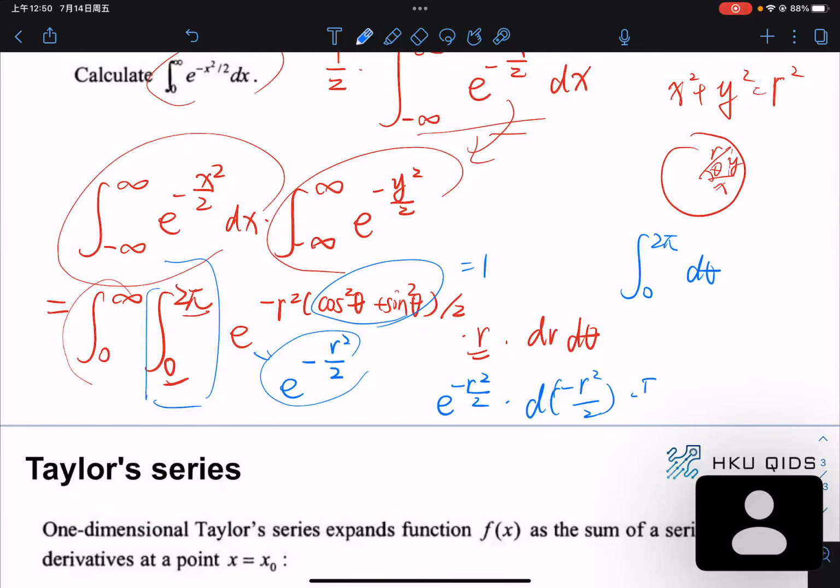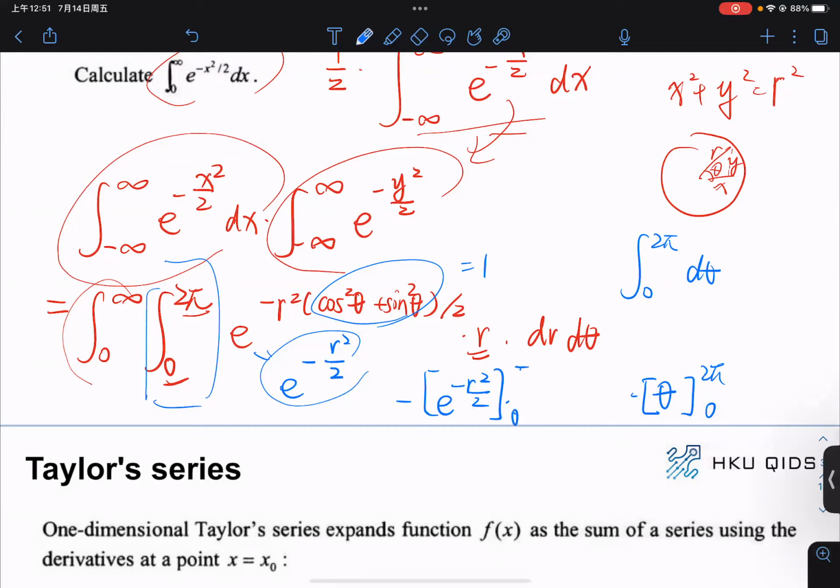So this is going to be theta from 0 to 2 pi, and this is going to be negative, while this range is what? 0 to infinity, right?